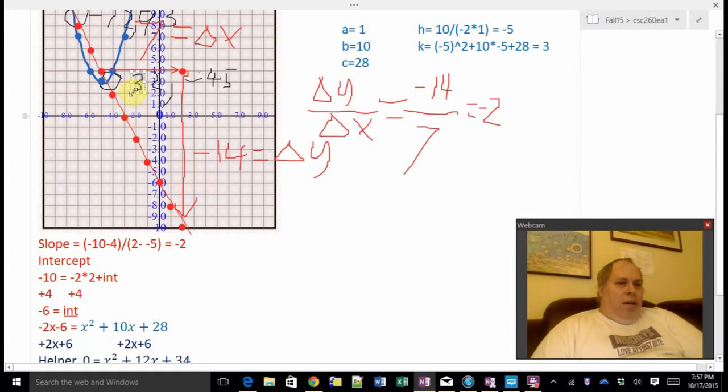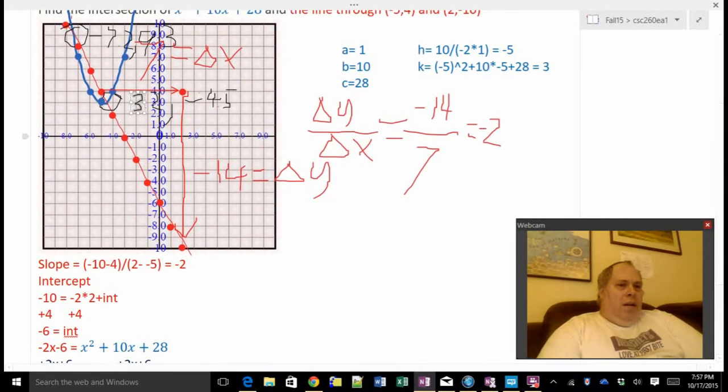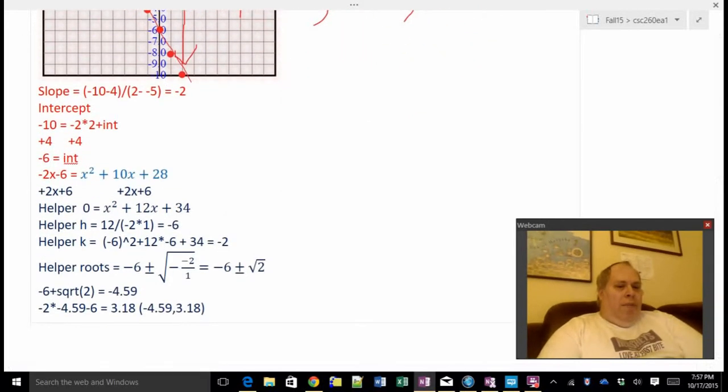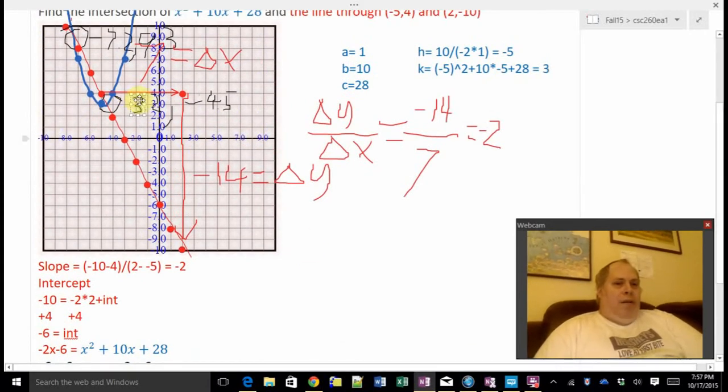Actually, where is that hitting? That's hitting around negative 4.5 and, yeah, 3.2. And what I had is negative 4.5, 3.2. I just got backwards here.